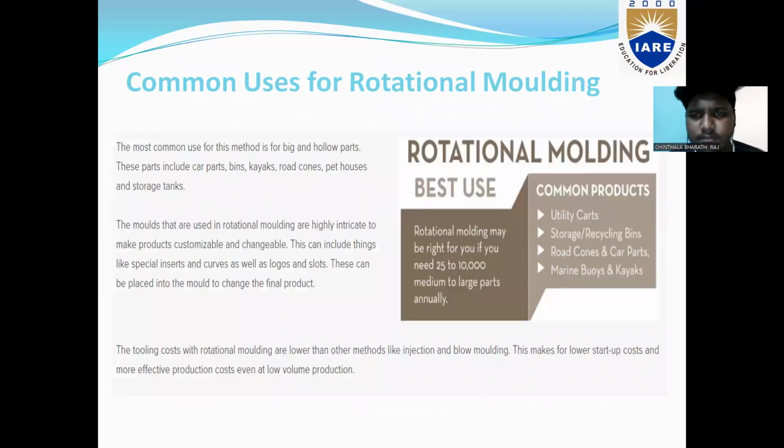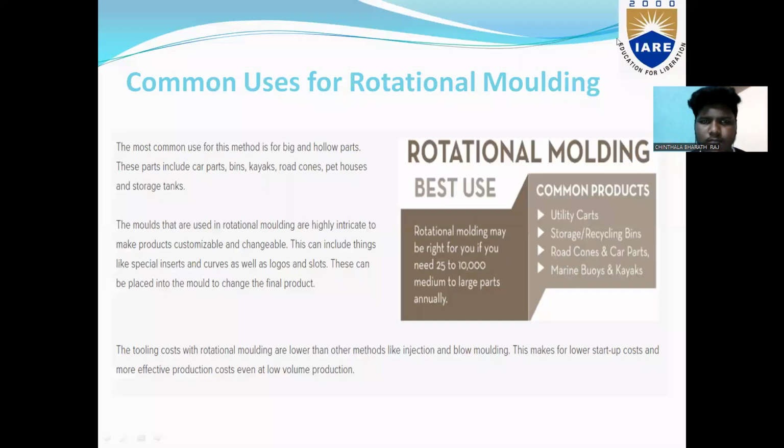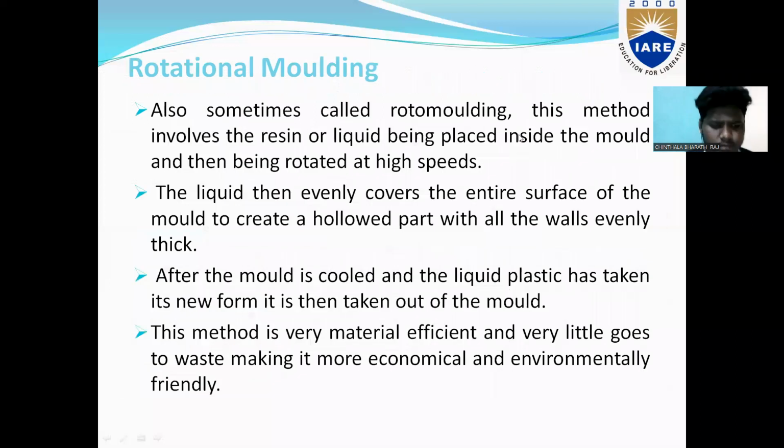Common uses for rotational molding. Rotational molding, also sometimes called roto molding, is a method that involves the liquid being placed inside the mold and then being rotated at high speeds.